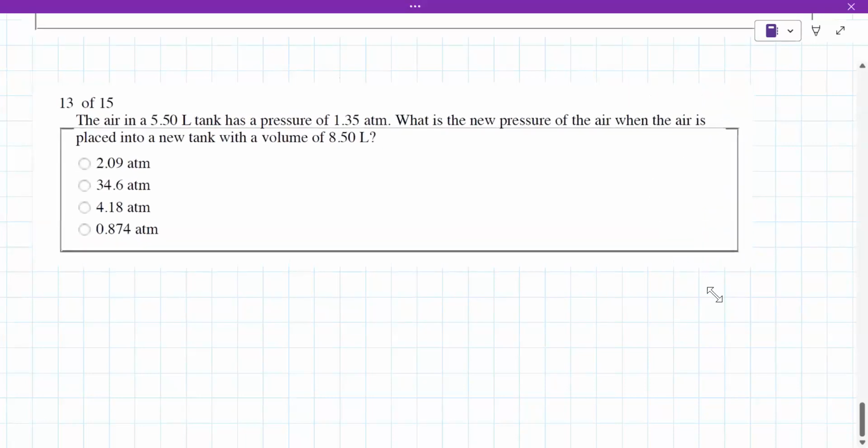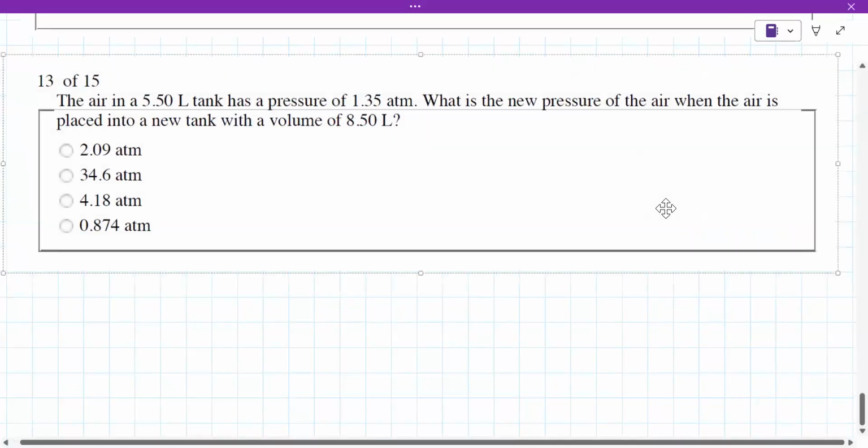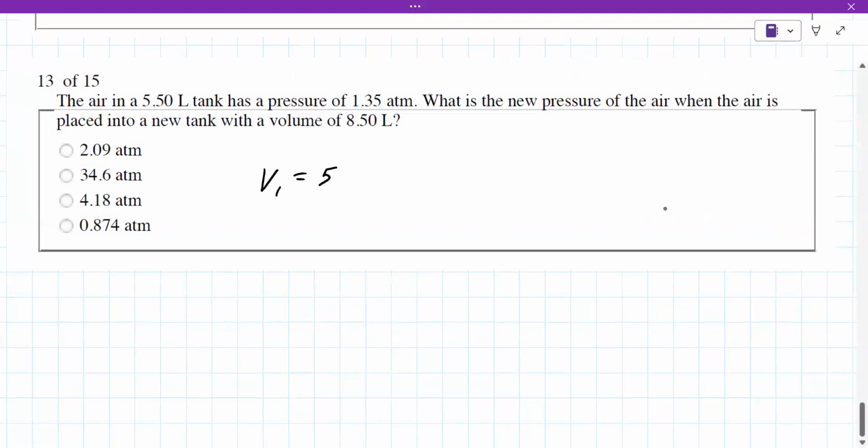So they tell you the air in a 5-liter tank. So V1 is 5.5 liters, P1 is 1.35 atmospheres. What is the new pressure, P2, when V2 equals 8.5 liters?